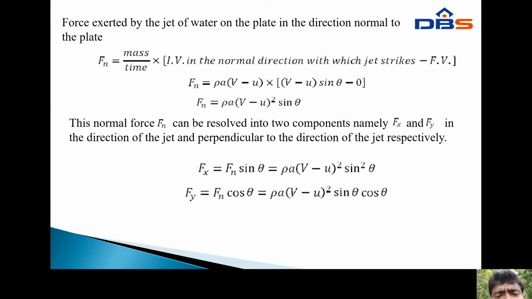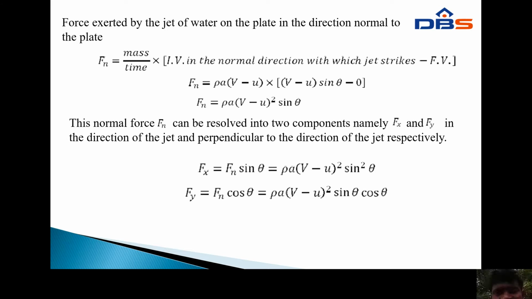F_n is rho a (v minus u) whole square sin theta, so F_x equals rho a (v minus u) whole square sin square theta. Similarly, F_y equals F_n cos theta, which is rho a (v minus u) whole square sin theta cos theta.